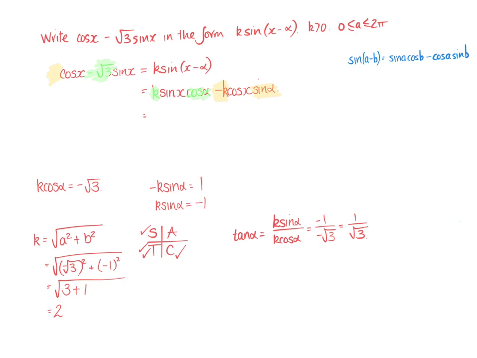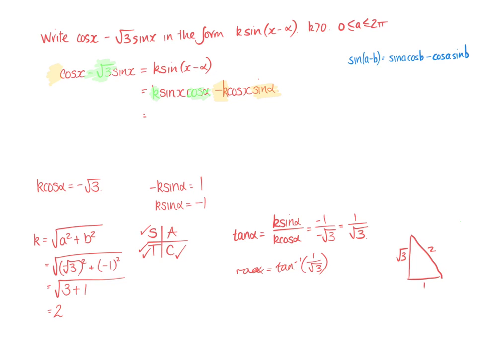So we need to figure out what angle are we going to get if we do tan to the minus 1 of 1 over root 3. And that's actually not our alpha, it's our relative acute angle. Okay, so if we think, what triangle have we got that's got our 1, our 2, and our root 3?